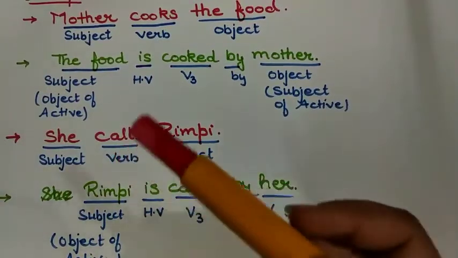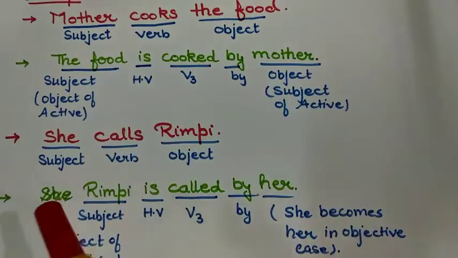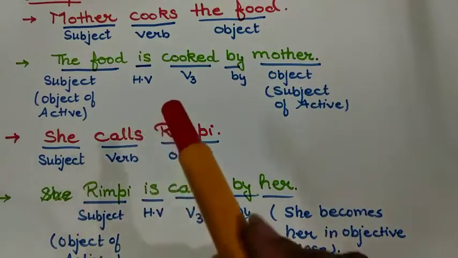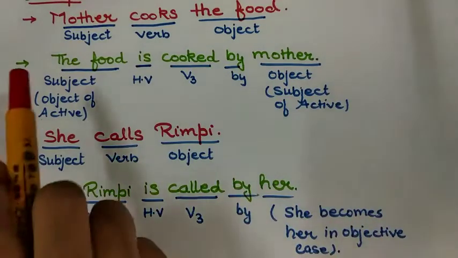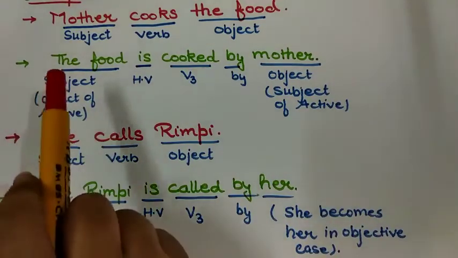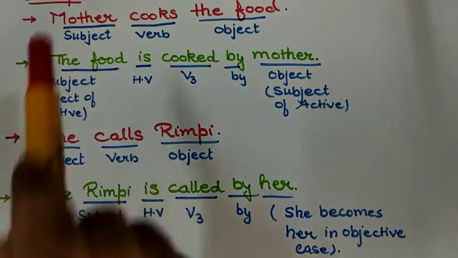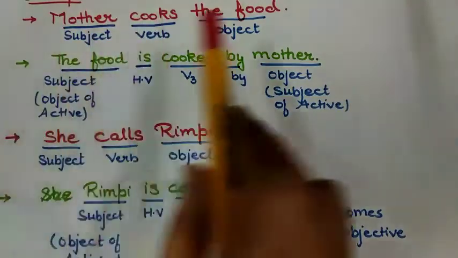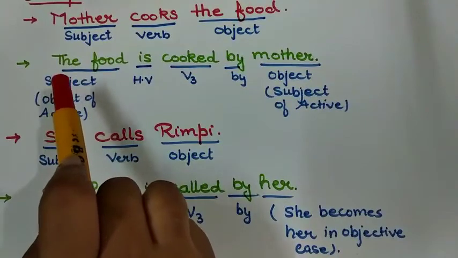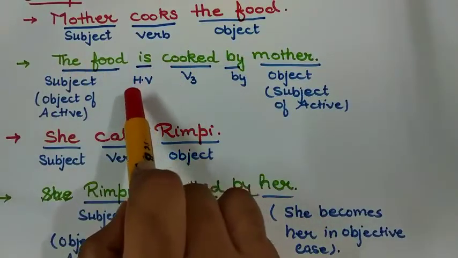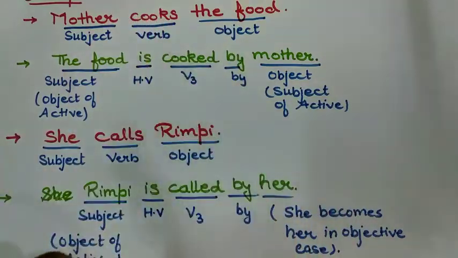Now, as we have seen in the constructional part, subject in active becomes object in the passive. The passive sentence will be the food is cooked by the mother. Here you can see very clearly that object is now the subject. Is is a helping verb and cooked is third form of verb cook.